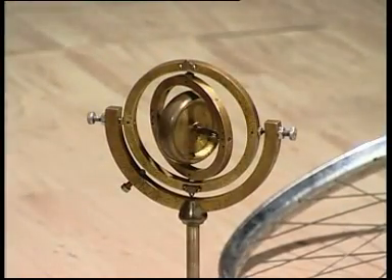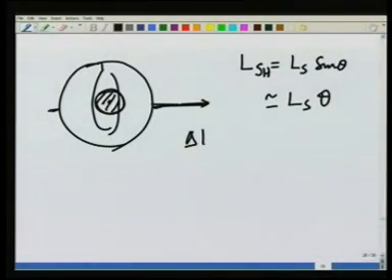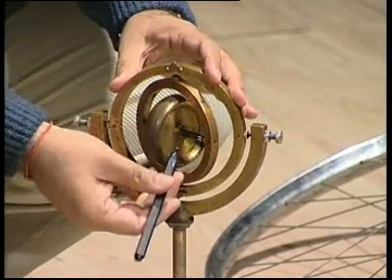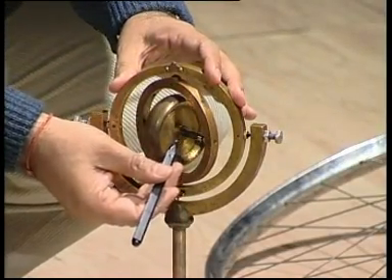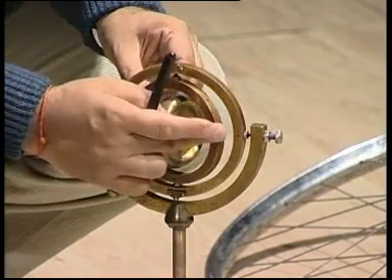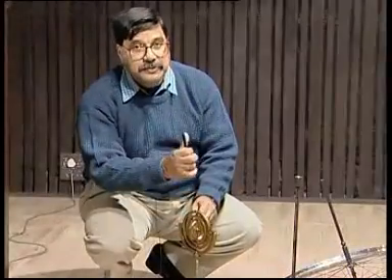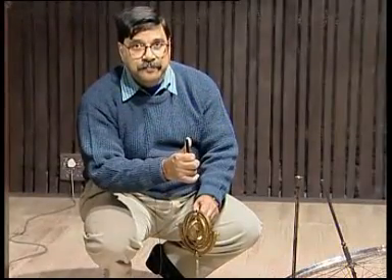So, delta L is going to be equal to Ls theta times omega delta t, this way. However, there is no torque in this direction, and therefore, delta L in this direction should be 0. What would happen? This frame would rotate in this manner so that it develops a delta L in this direction.